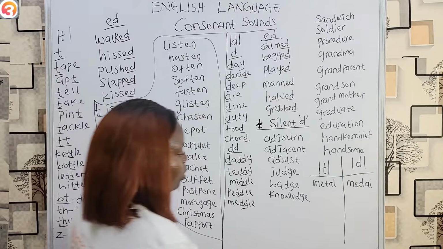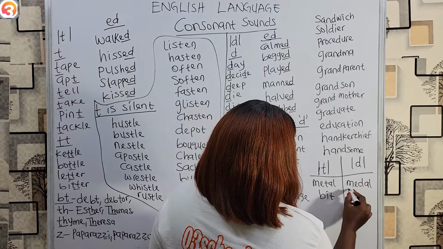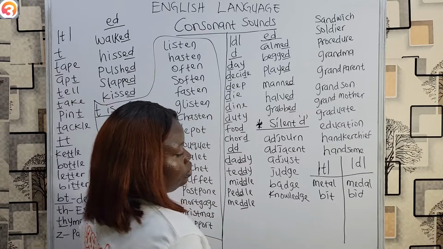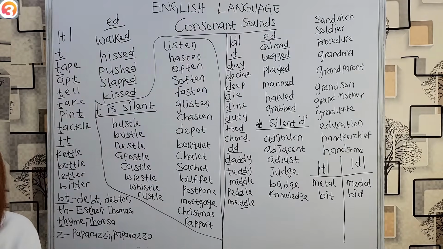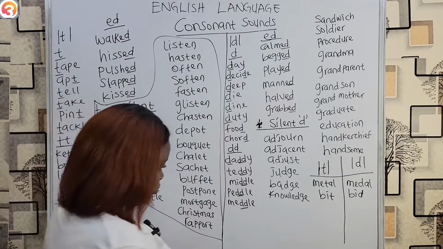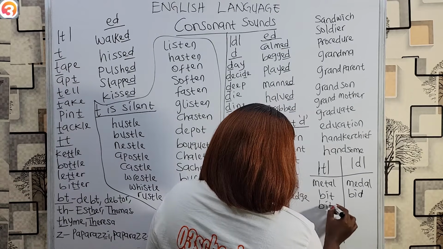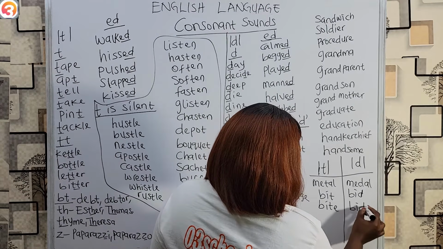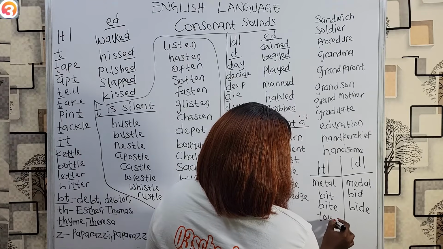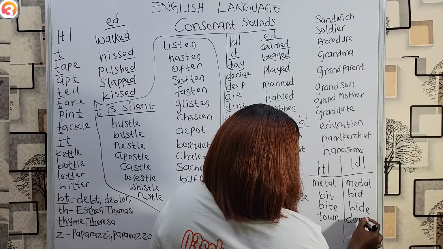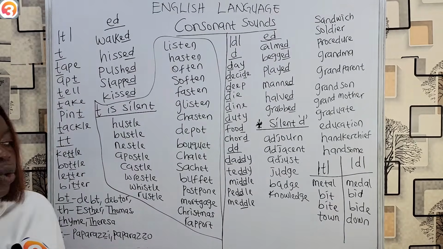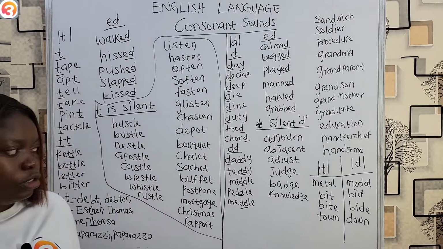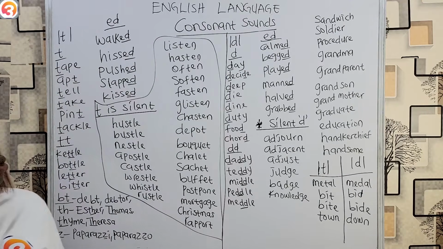So you have beats and beat, like that. So the only difference is in the consonant sound. Bite, bite, town, down. The sounds are similar. You just have to look for ways that you will be able to differentiate between these consonant sounds.